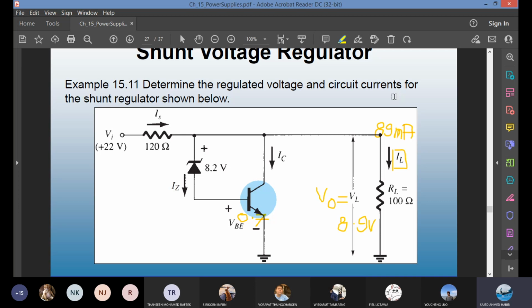Circuit currents, it doesn't really specify what current it wants. We can try to find IS. We can try to find IC. So let's find IS. VI minus Vout, because this is all parallel. You see, with respect to the ground, this node, you can say 22 minus 8.9 and divided by 120 ohm. So 13.1 over 120 ohm. How much is that?